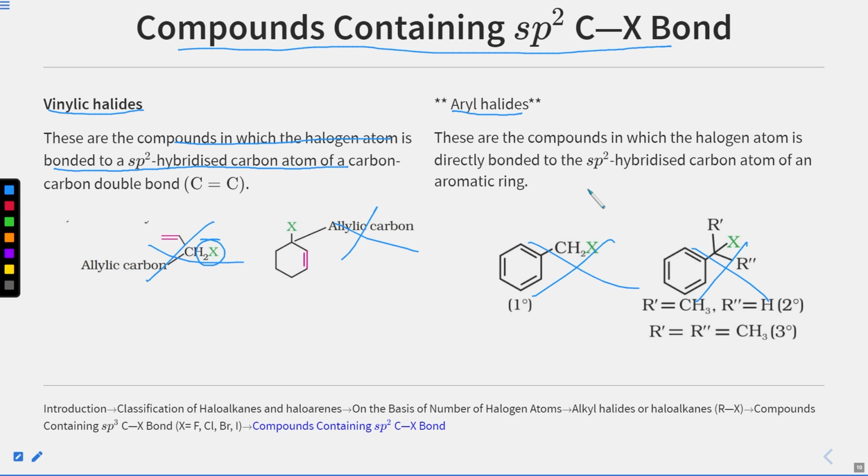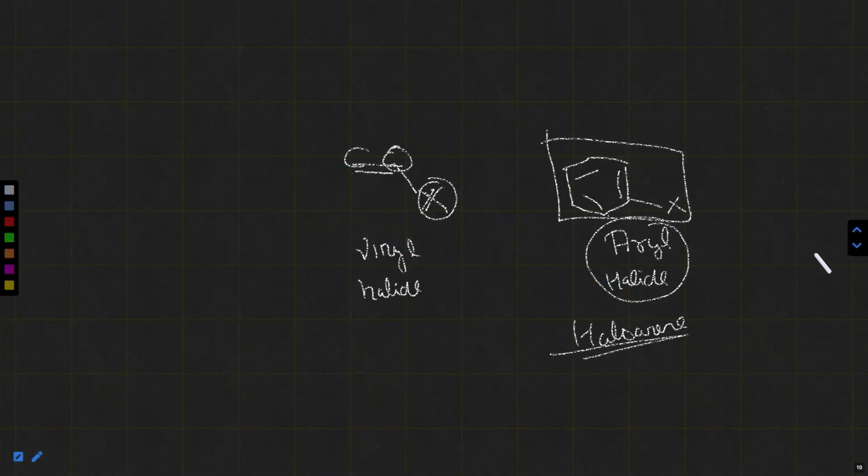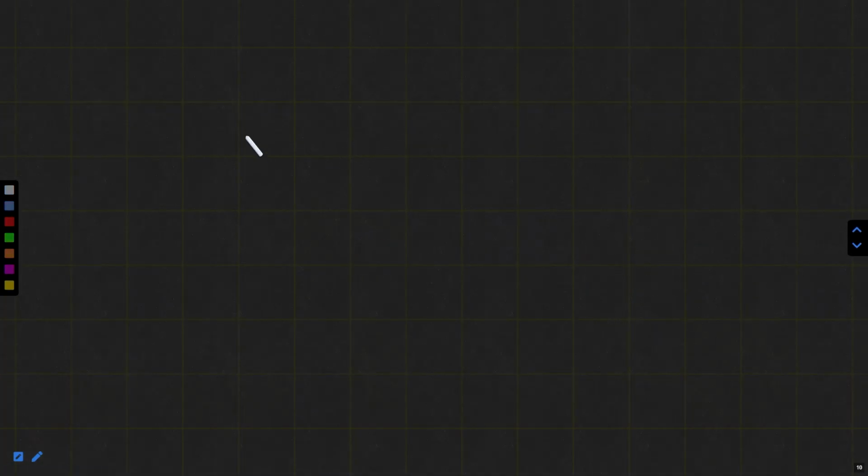So in dihalogen compounds, we have a further classification. First of all, I mentioned what is dihalogen. What is a dihalogen compound? Dihalogen compounds are those which contain two halogen atoms.